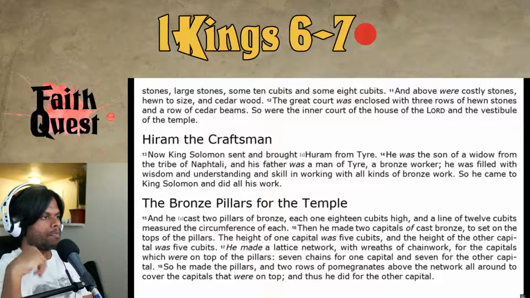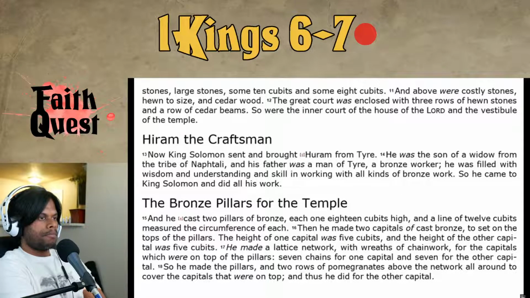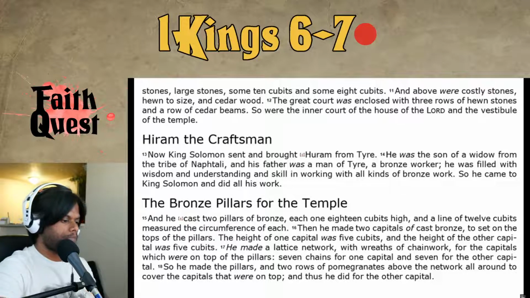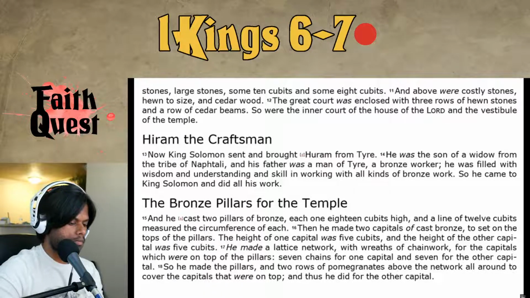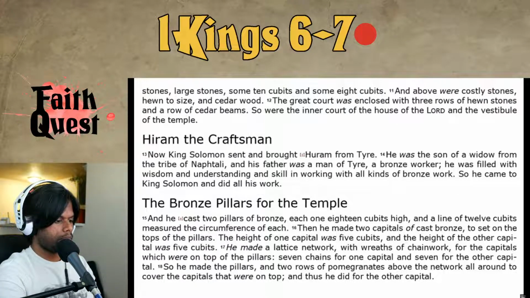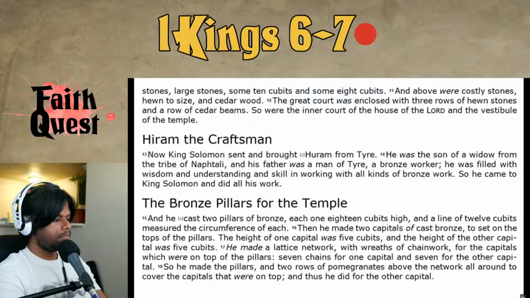The height of one capital was 5 cubits, and the height of the other capital was 5 cubits. He made a lattice network with wreaths of chainwork for the capitals which were on top of the pillars, 7 chains for one capital and 7 for the other capital. So he made the pillars, and 2 rows of pomegranates above the network all around to cover the capitals that were on top.